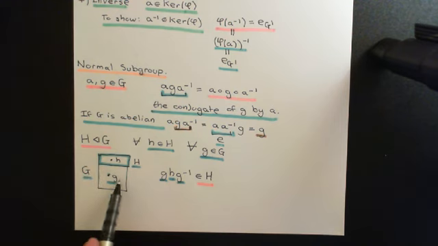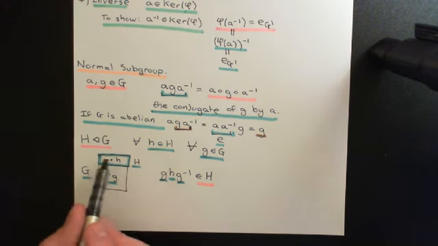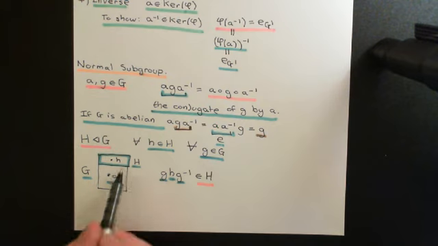You don't end up with an element in this portion of capital G that's outside of capital H. You have to get another element back in capital H. So indeed, the subgroup capital H is stable under conjugation by any element from the larger group capital G, i.e. when you conjugate it by any element in capital G, you get another element back in the subgroup.